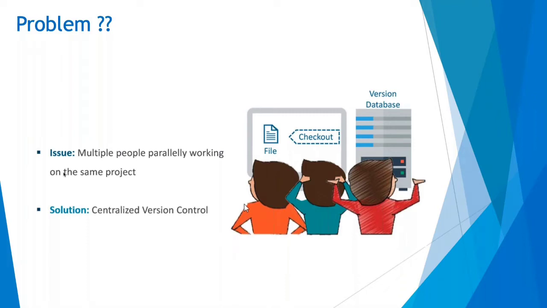multiple people. Suppose in my team I have 10 people. 10 people cannot work on the same project. See, you are my team members. You all cannot work with me together because everything I have is in my machine. Agree?